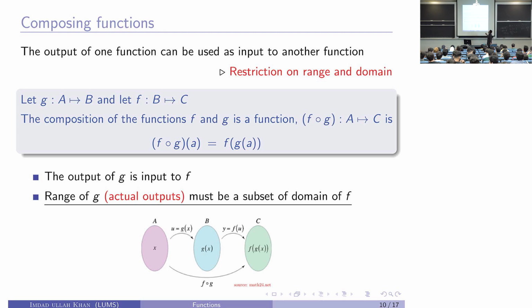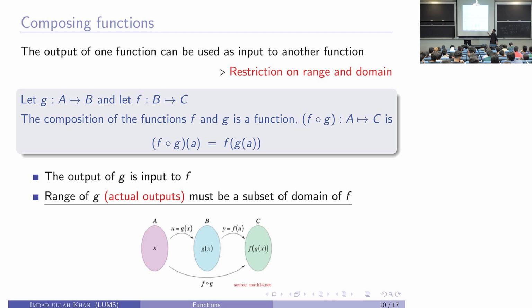So suppose I have a function g which maps elements of A to some element of B. So A is the domain of g and B is the codomain of g, and that same B is the domain of f, and C, some other set, is the codomain of f, okay?